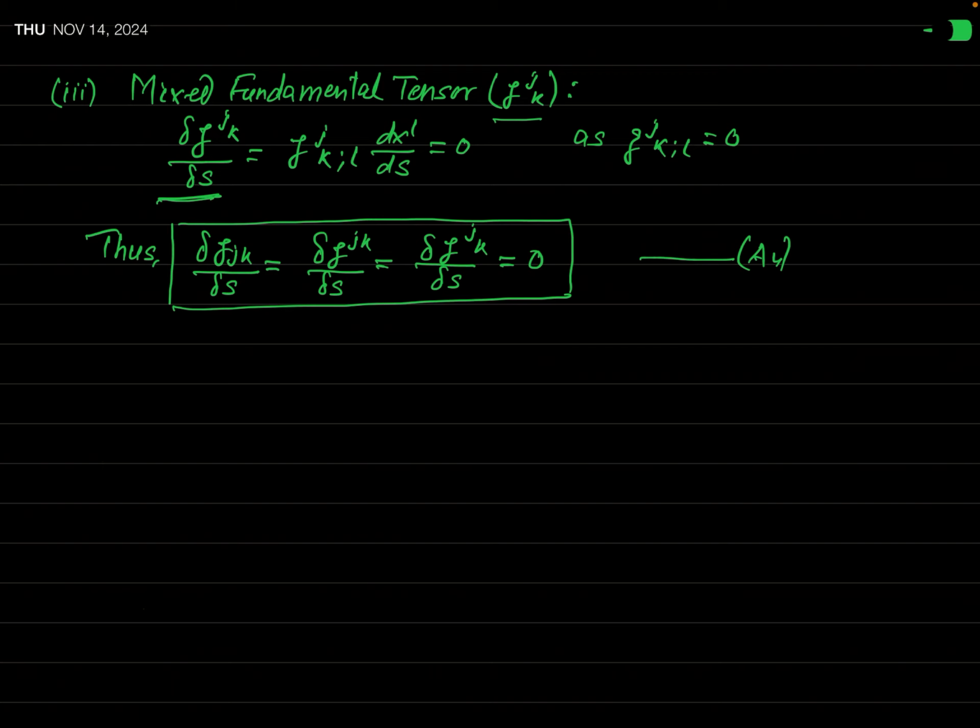This will be equal to the product of dxl by ds with the covariant derivative of this G jk with respect to XL. But the covariant derivative of the mixed fundamental tensor is also 0, so this result will also be 0. So finally, we see that the intrinsic derivative of all the three fundamental tensors is equal to 0.